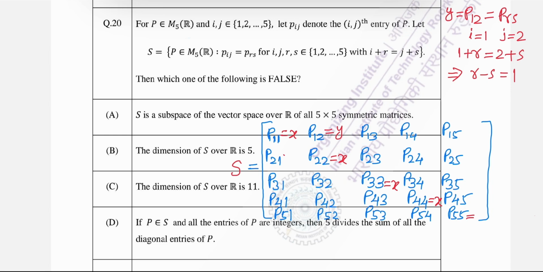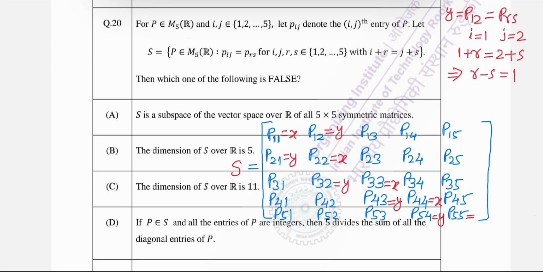Those entries are here, this one. Here 2 minus 1 is 1. So this also will be equal to Y, Y, Y, Y.